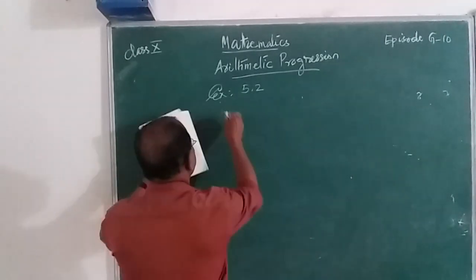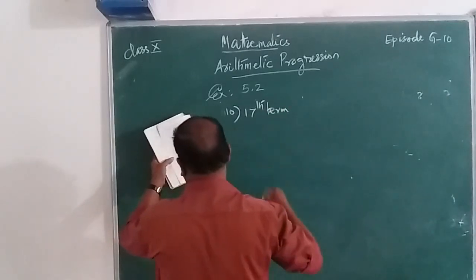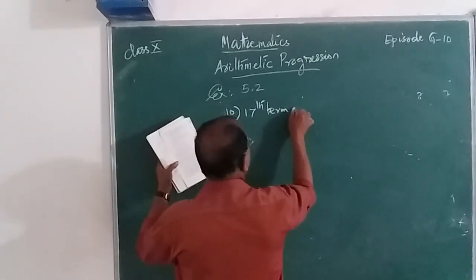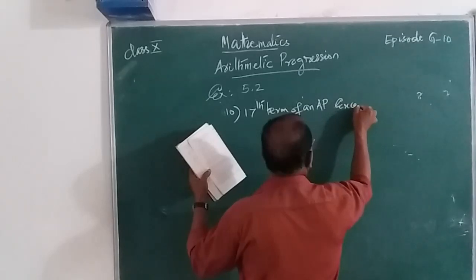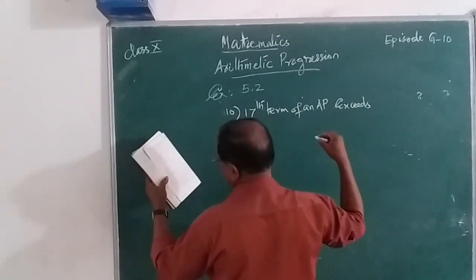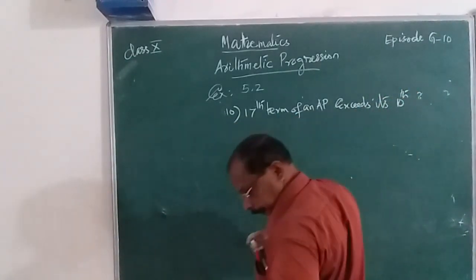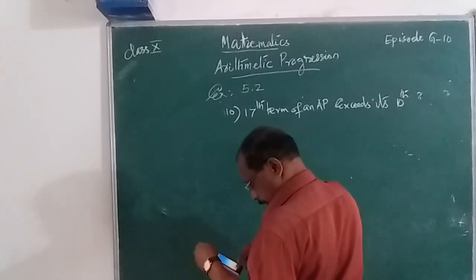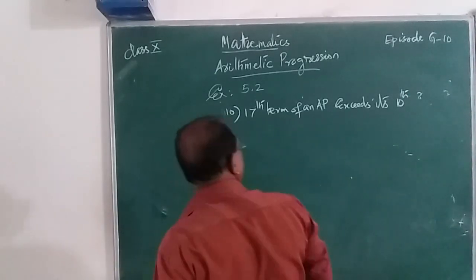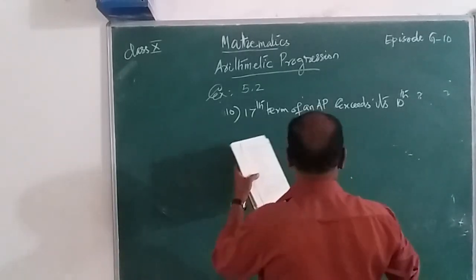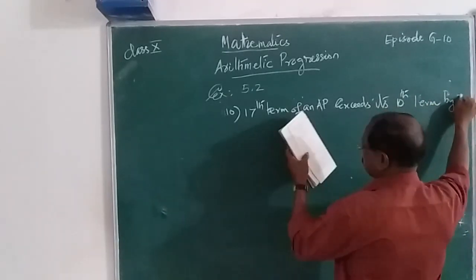Then question number 10. The 17th term of an AP exceeds its 10th term by 7.